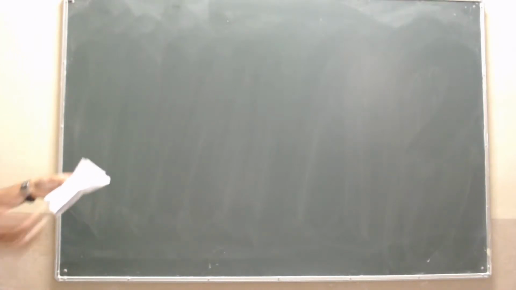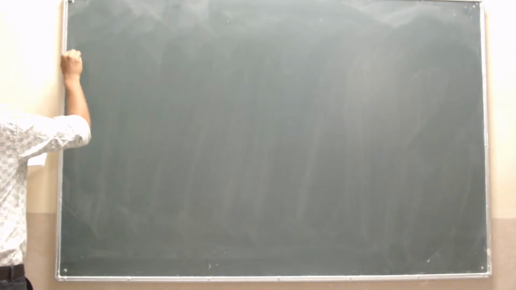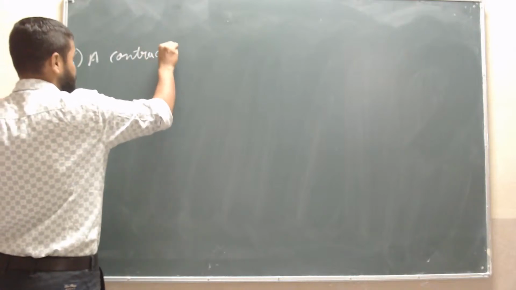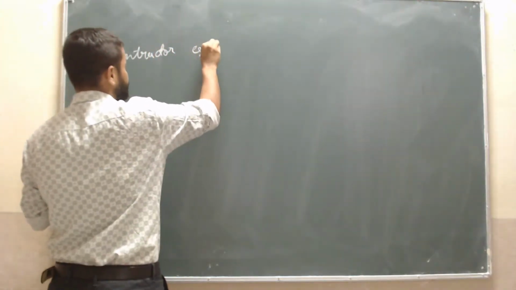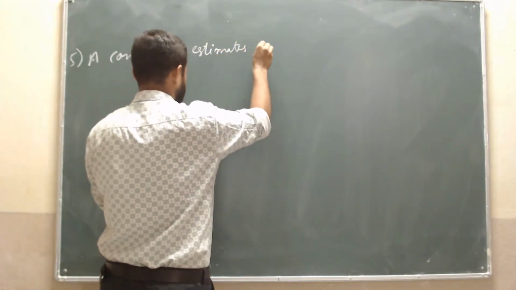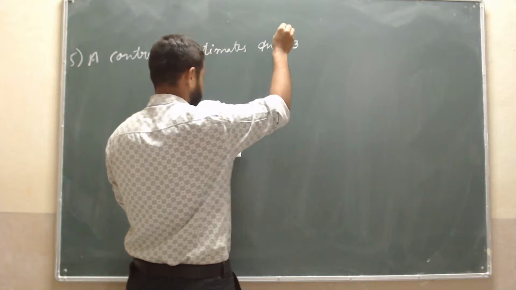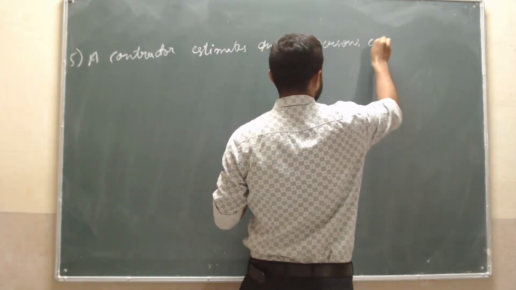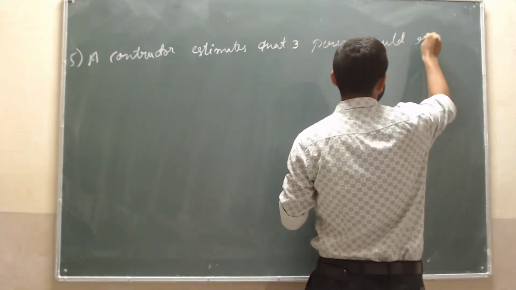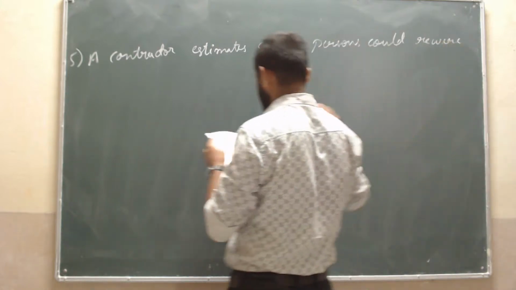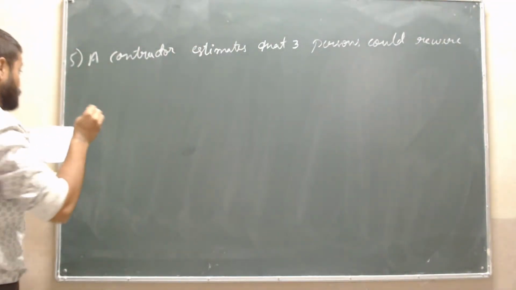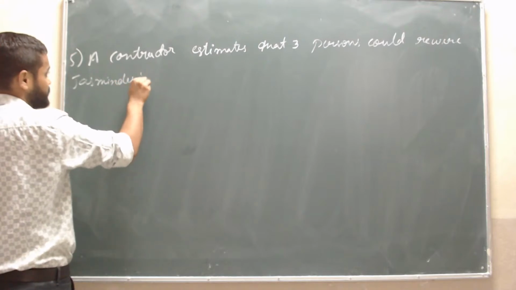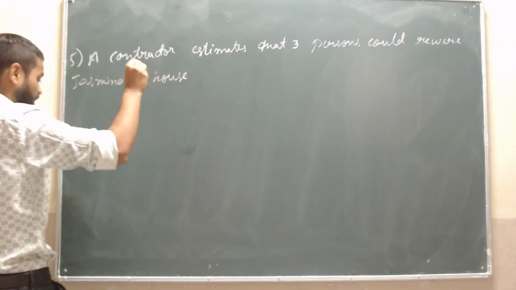A contractor estimates that three persons could rewire Jasminder's house in 4 days.